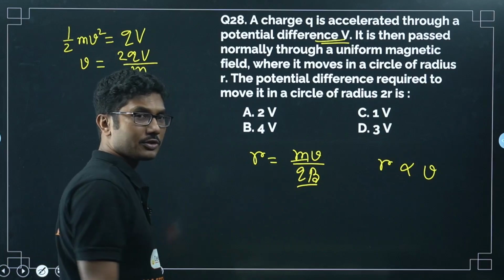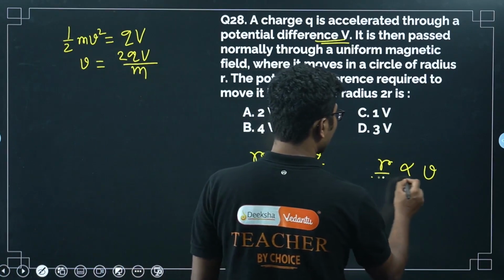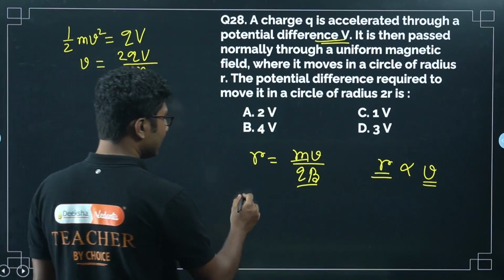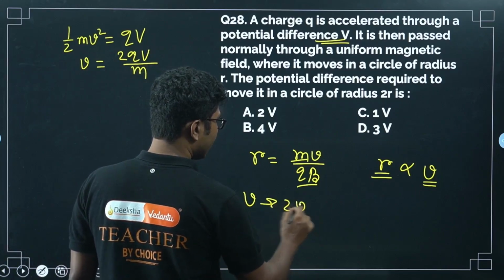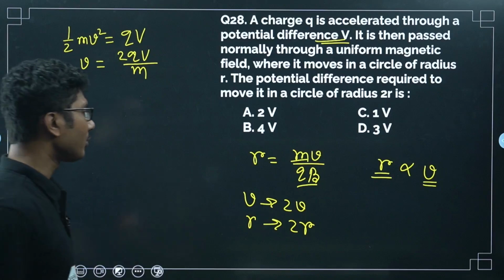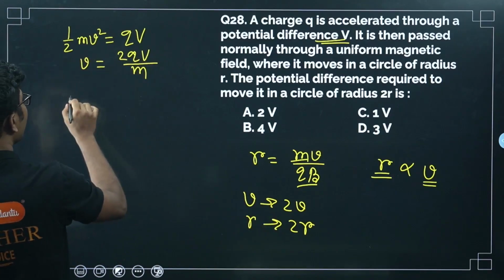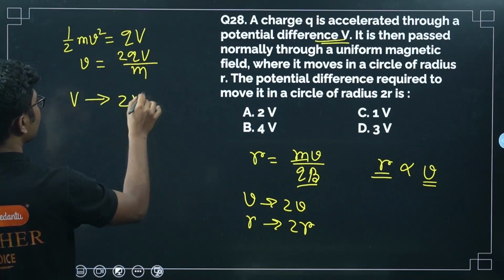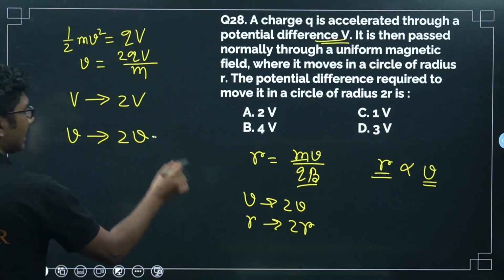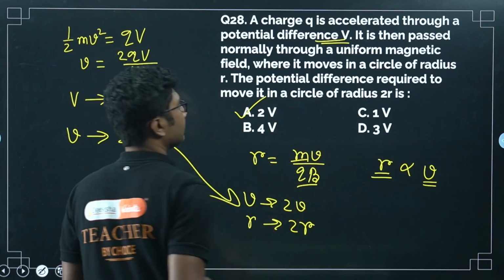So the only way we can increase R to 2R is if we increase the velocity to 2v. If we increase the velocity to 2v, then the radius will also become 2R. Simple, straightforward proportionality. Now how can we increase the velocity to 2v? If we increase the potential difference to 2V, then velocity will become 2v. So in that case we have to increase the potential by twice.